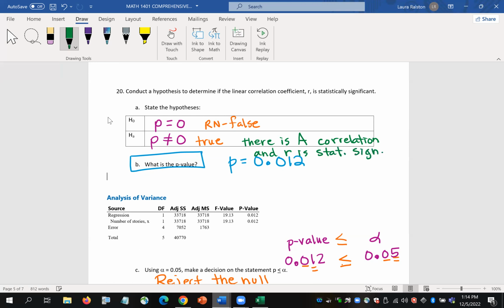Many of you, and I don't know if it was any of you because I looked at so many different papers, but a lot of students are confusing this because they're thinking that because rho does not equal 0, that means there's not a correlation, because that is the wrong interpretation. Remember that your R value is between -1 and +1.